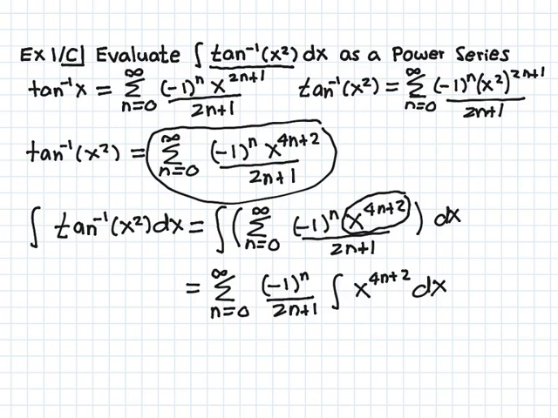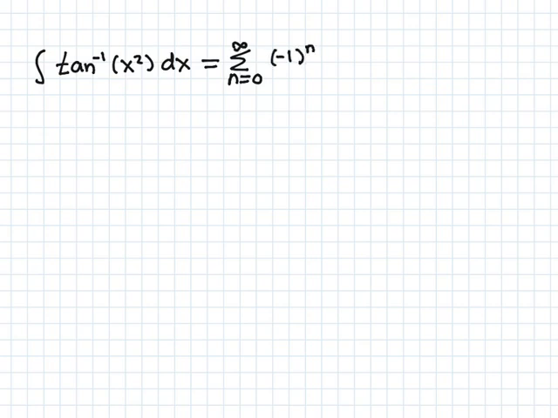All right, so what we have is the integral of tan minus 1 of x squared dx is equal to summation n equals 0 to infinity, negative 1 to the power of n, divided by 2n plus 1, integral of x to the 4n plus 2 dx.